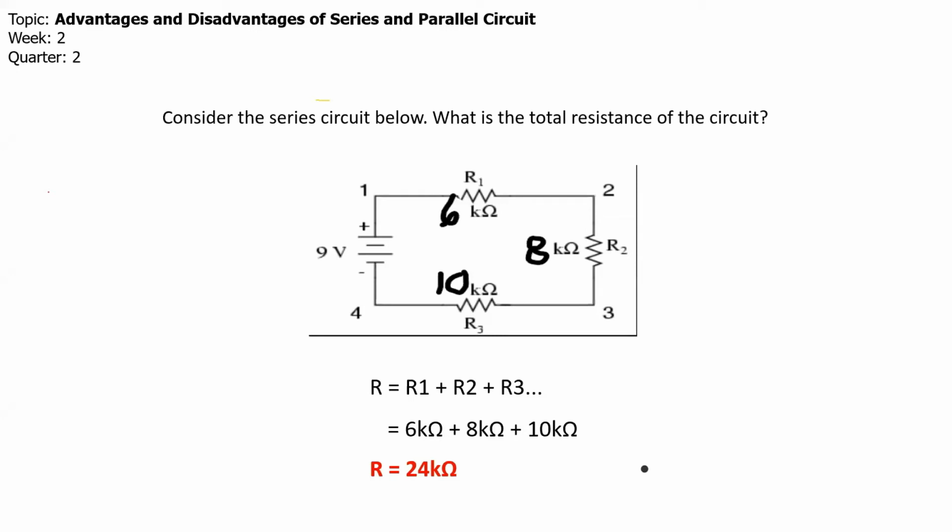Remember that 1 kilo ohm is equivalent to 1,000 ohm. So daghan na misluk kaning K dire or kaning kilo. Okay, again, 1 kilo ohm is equivalent to 1,000 ohm. So kani siya, we have 24 kilo ohm.